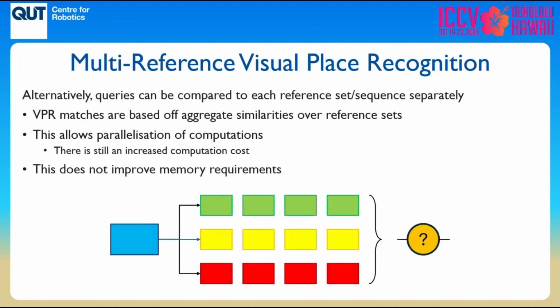This can be improved by instead comparing our query image to all reference sets individually, and then aggregating the similarities from each of these reference sets to do a final VPR estimation. This allows parallelization of computations. However, there's still a slight increased computational cost, and it doesn't improve the memory requirements in this multi-reference visual place recognition.